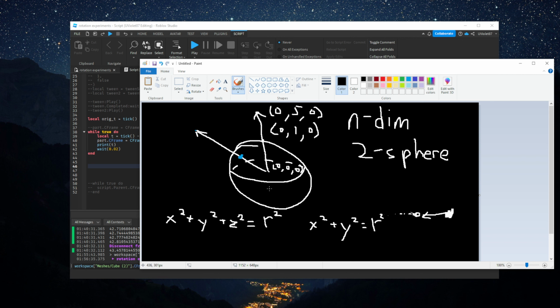We can use the general distance formulas, so I'll go like this. D equals square root. But in this case, because we're talking about the unit sphere, so I should have been saying the whole time the unit sphere. Sorry about that.